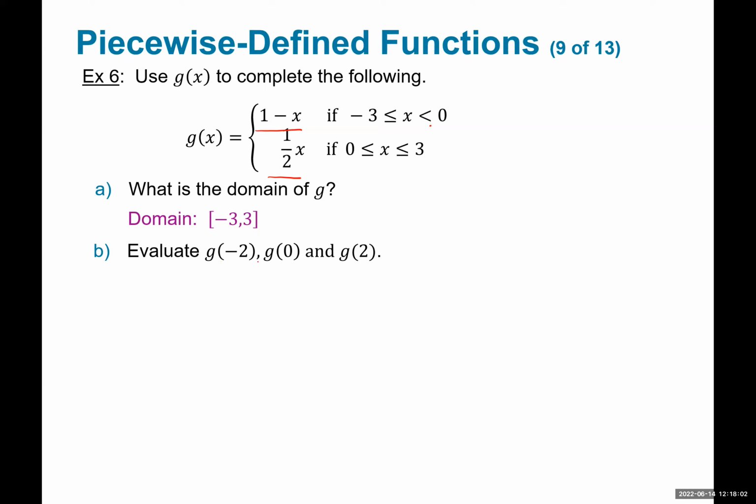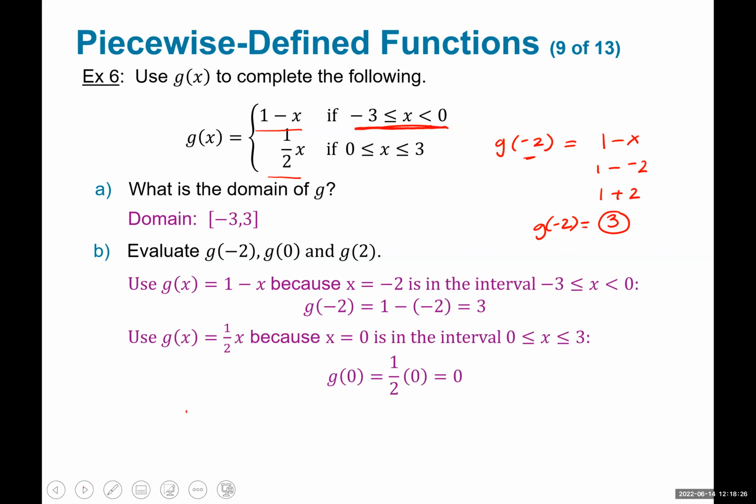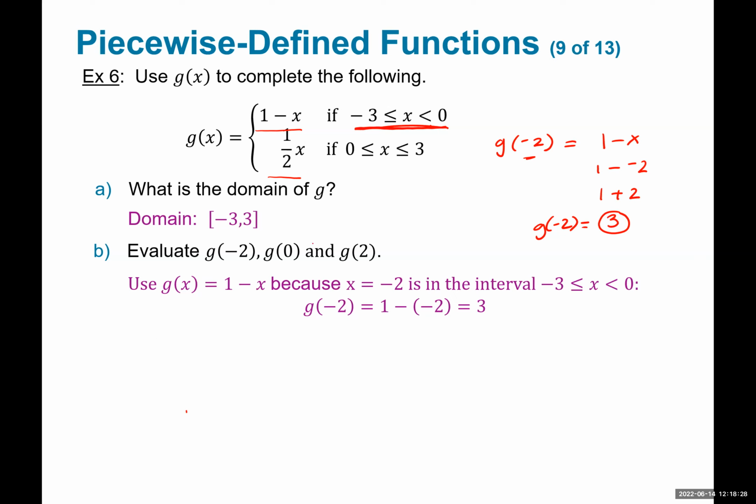Evaluate g of -2, g of 0, and g of 2. So g of -2, well, -2 is in this interval, so we put -2 in this first equation, and we get 3. In the next one, g of 0. 0 is not included in this first one, so we have to go to the second side.